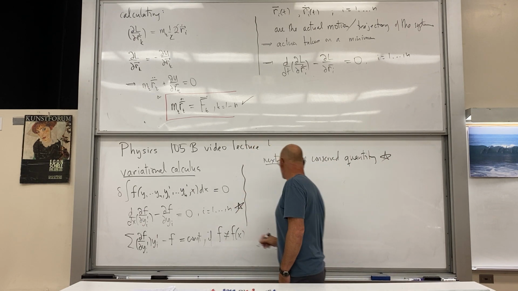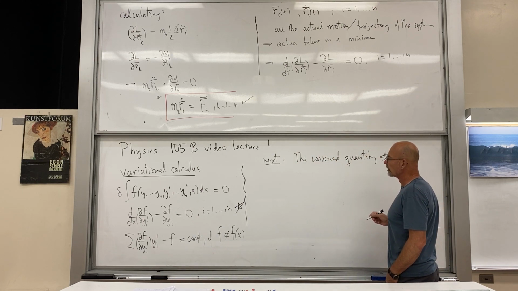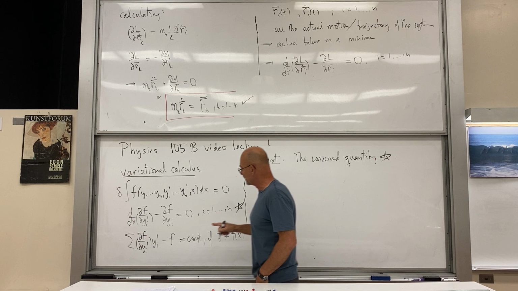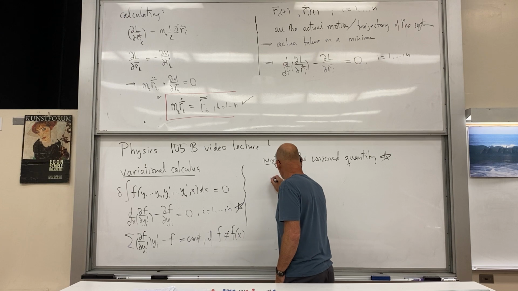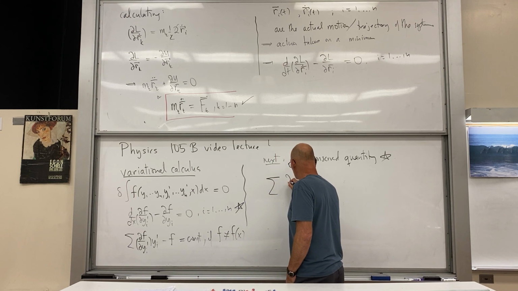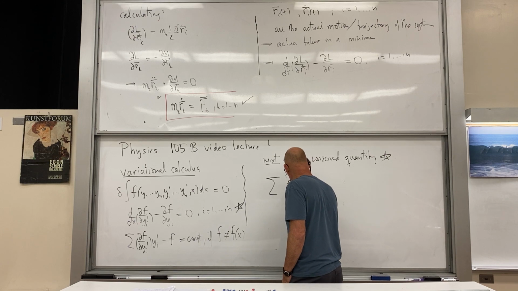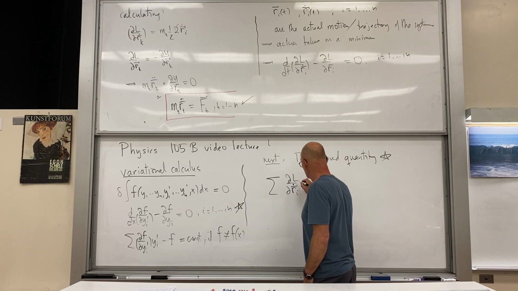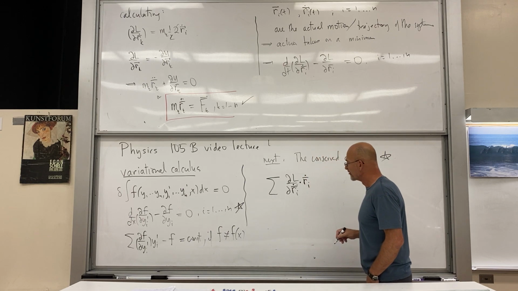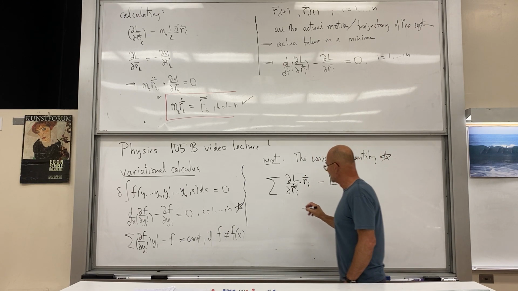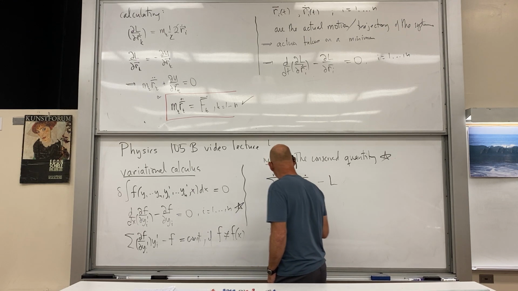Conserved quantity star. We're going to do the translation again. So remember, this was derivative with respect to y prime. Here it would be translated as partial L partial r sub i dot, dot product with r sub i dot, minus L. So this is i equals 1 to n.